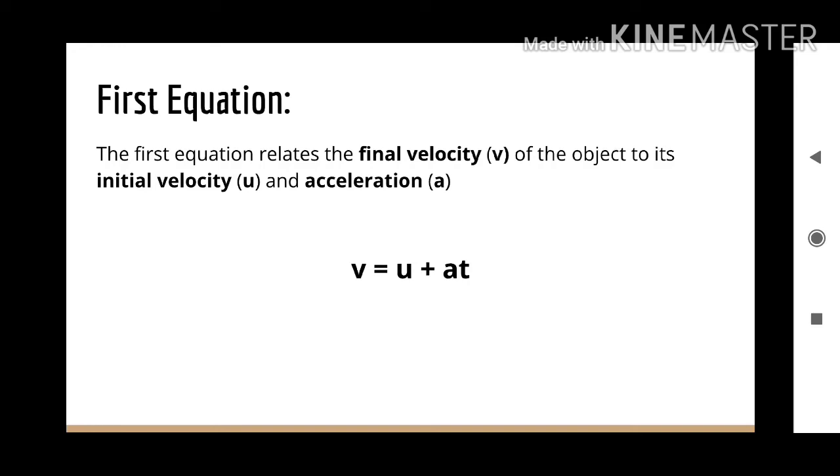Rearranging this equation, you will get a is equal to v minus u by t. So v is equal to u plus at is our very first equation of motion.